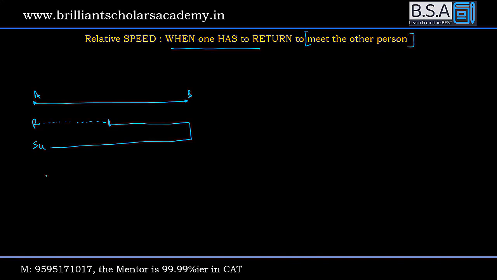Let us say distance is unknown, some distance between AB. Ramesh has a speed of 3 meters per second. Suresh, let us say, has a speed of 5 meters per second. Or let me use a decimal value, let us say 8 meters per second, deliberately using 8 meters per second.